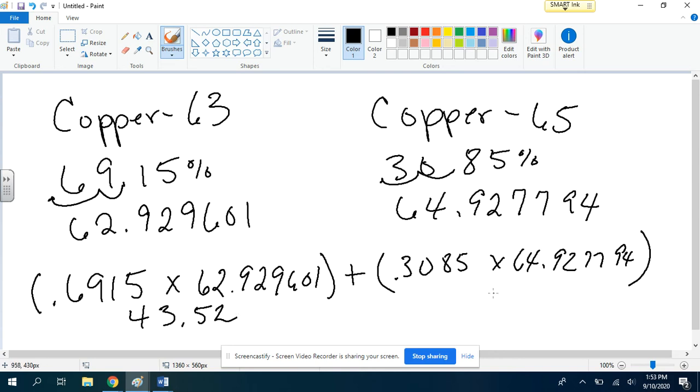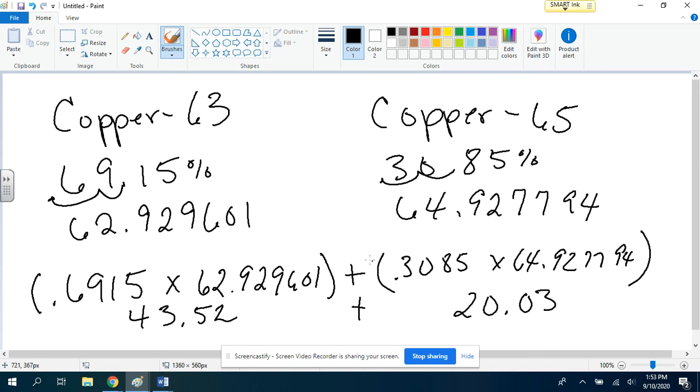Now I'm going to do these other parentheses. 0.3085 times 64.927794. All right, so for this one, the answer was 20.03. And then you just add those together. But it is important that you do your order of operations. So do those parentheses first.